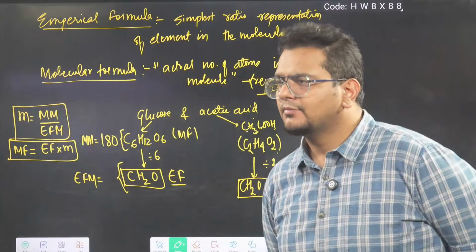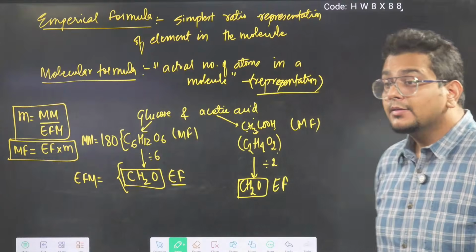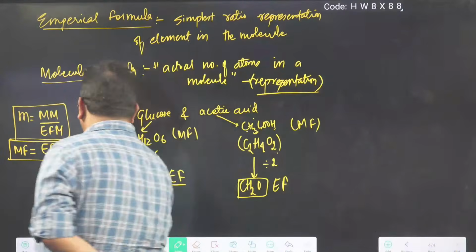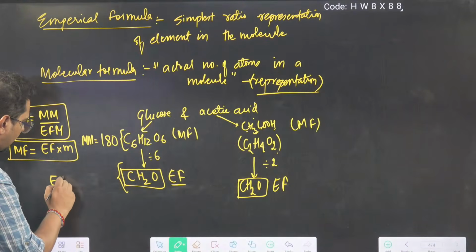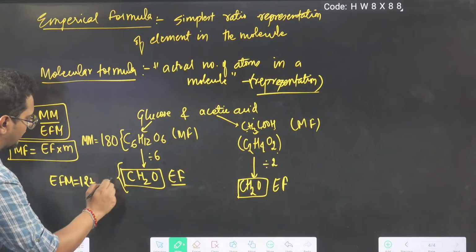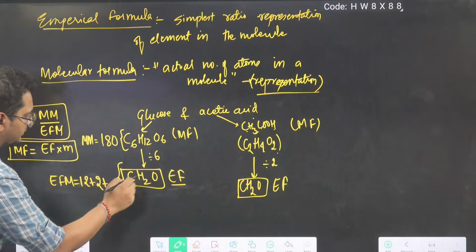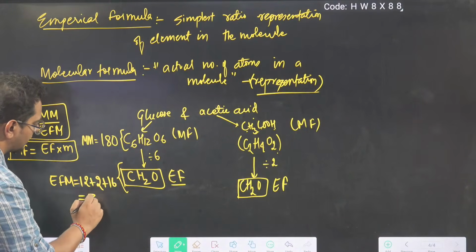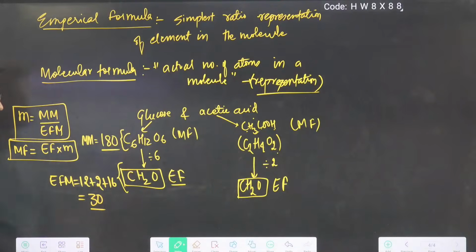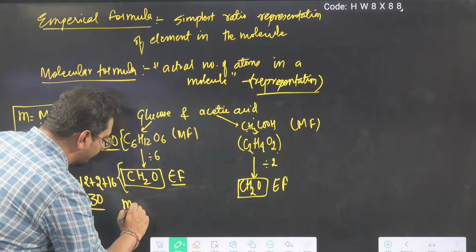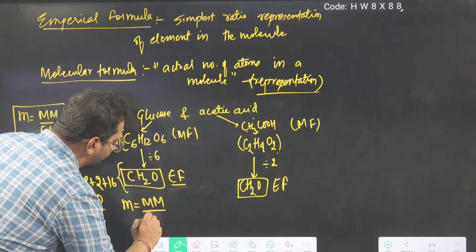CH2O. Carbon will be 12. Atomic mass of carbon is 12. Hydrogen 1 plus 1, 2. And oxygen 16. So 30 AMU is coming. So, can you tell me what is the value of M here? Molecular mass by empirical formula mass.